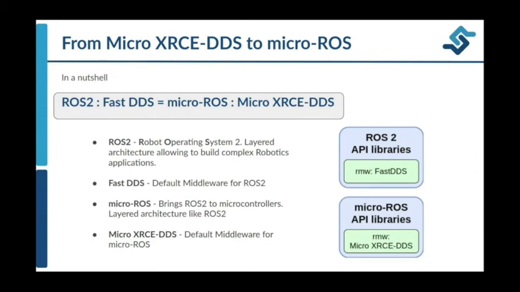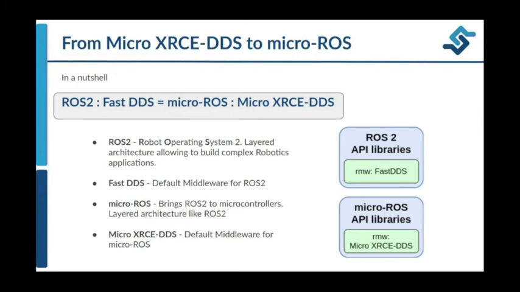So what is micro-ROS? To understand that, let us draw an analogy with the DDS-ROS2 relation, which can help us understand what micro-ROS is with respect to Micro XRCE-DDS and ROS2. ROS2 is a robot operating system composed of a set of high-level libraries organized in layers, whose middleware interface is constituted by DDS, and specifically ROS2 at this moment uses as a default middleware eProsima Fast DDS implementation of the standard.